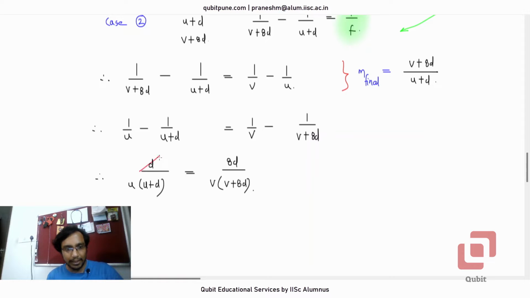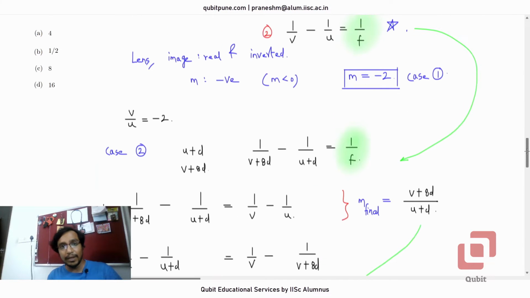Okay, D will get cancelled, and now keep an eye on what we want. We want V plus 8D upon U plus D. Therefore, V plus 8D, take that term to LHS, U plus D here, 8 times U by V, right?